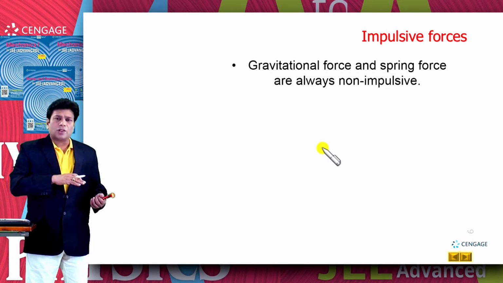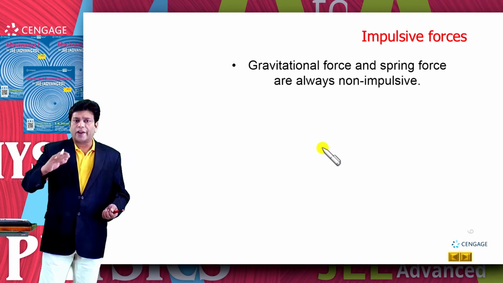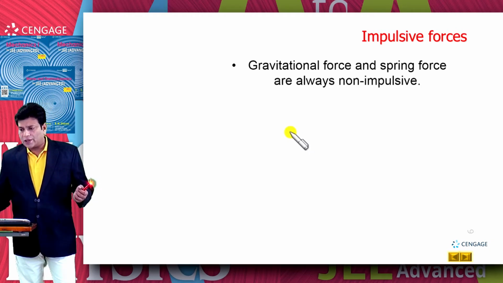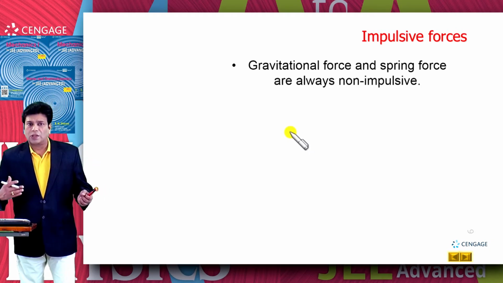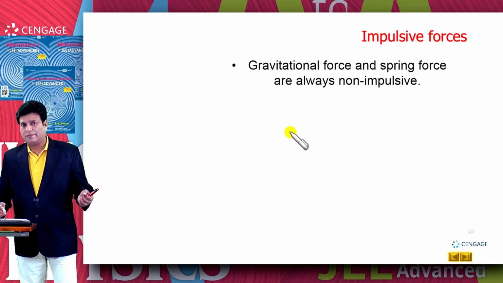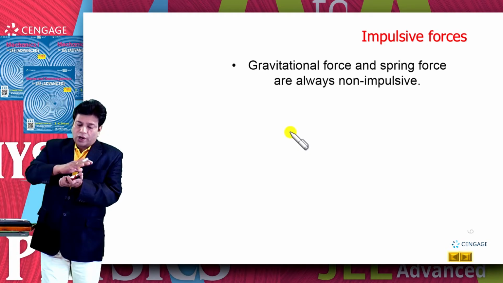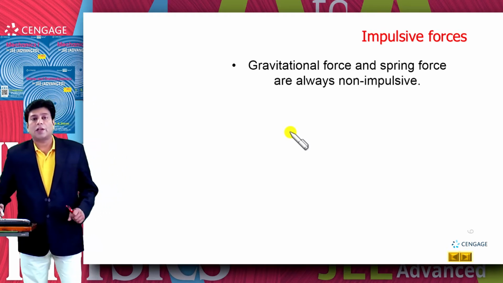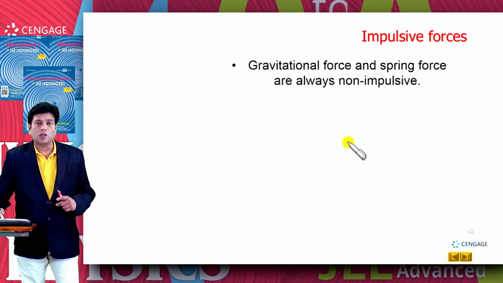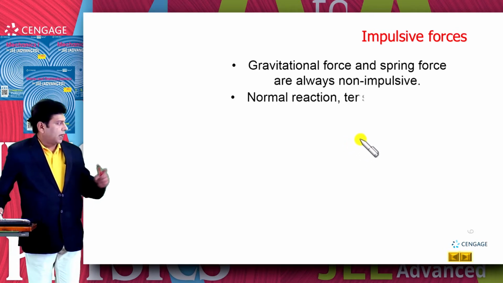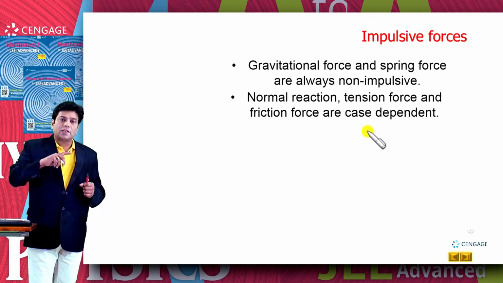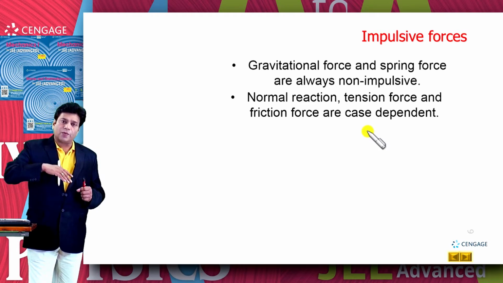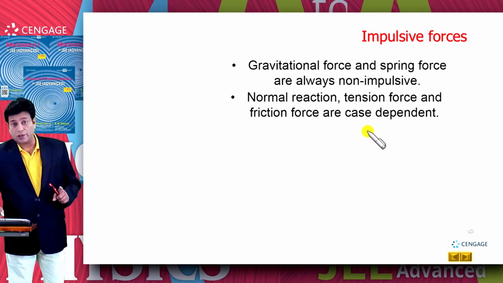Now we come across the normal reaction, tension force, friction force, etc. These depend on the case, because the duration of the contact of the two surfaces may be slow or very fast. We will discuss in which cases the normal reaction, tension force and friction force may be impulsive and in which cases these are non-impulsive.